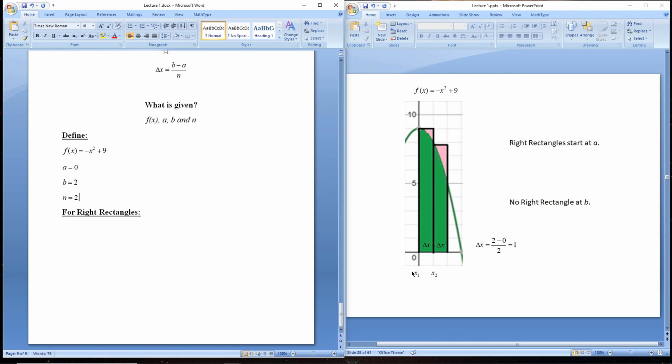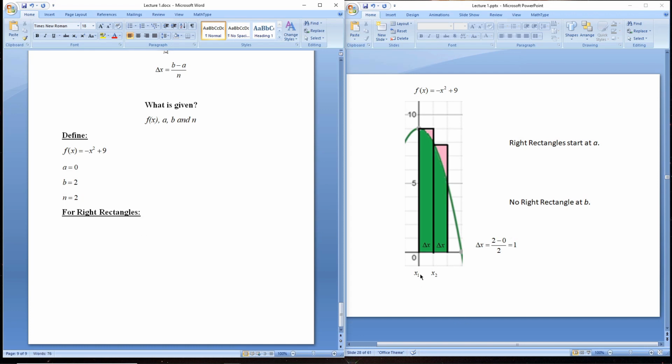So for right rectangles, let's just focus on this one here. What we need to figure out is an expression for these x1 and x2 values. And again, if we have 100 rectangles, then we're going to have 100 of these x values. So we need some expression that's going to represent all these values.